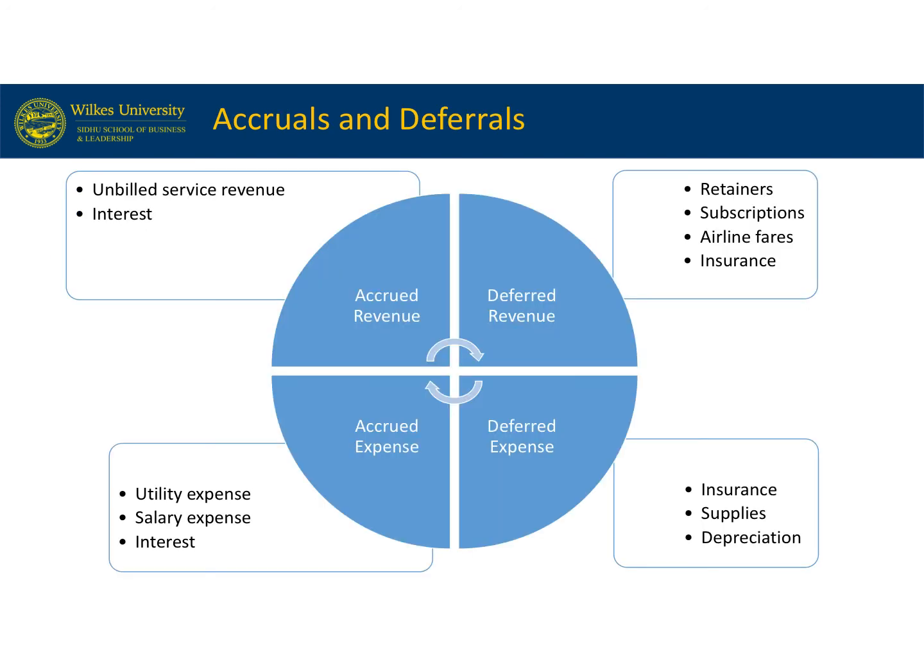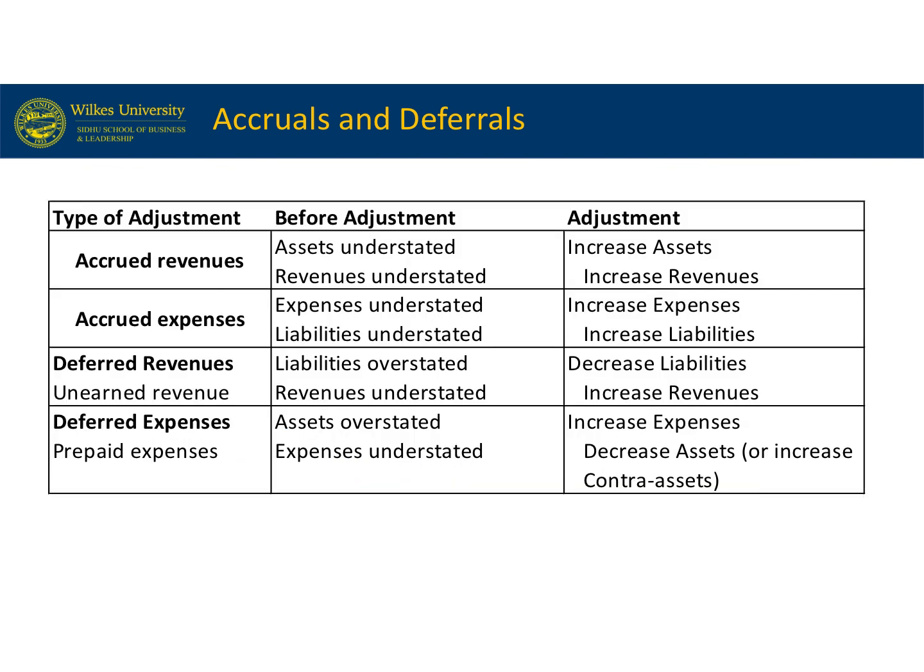Back to the examples. For now, just know to call the expense depreciation expense. And instead of reducing the asset directly, we reduce it by decreasing the net total value of the asset. Here is a summary of the adjustment categories, how the accounts are incorrect before the adjustments, and how the adjusting entries adjust the accounts to make things correct.